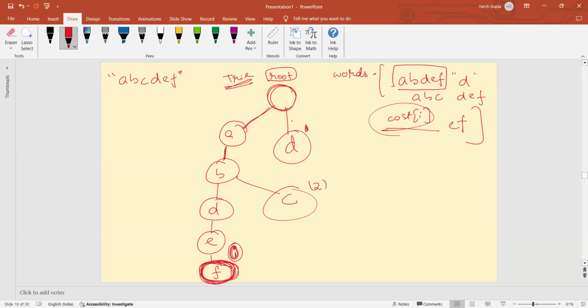Now we insert DEF. So D is already there. We have E, we have F, and we know that we have a word DEF, which is present at index 3. So we simply push back 3 for this node F.